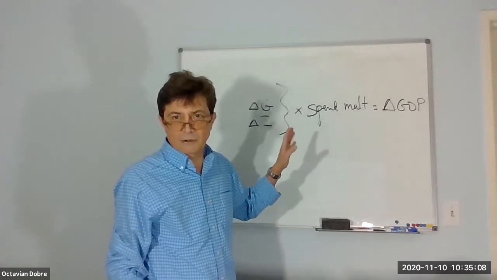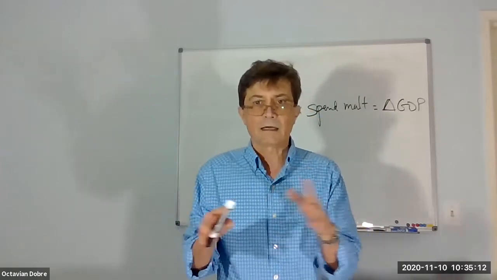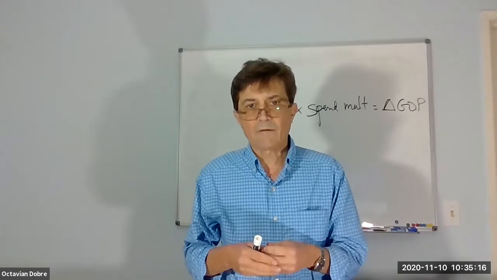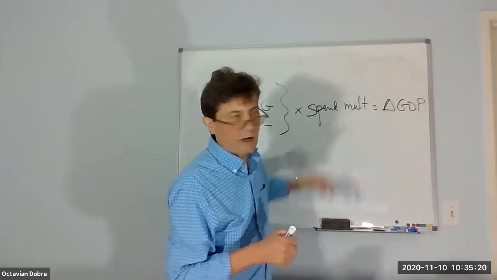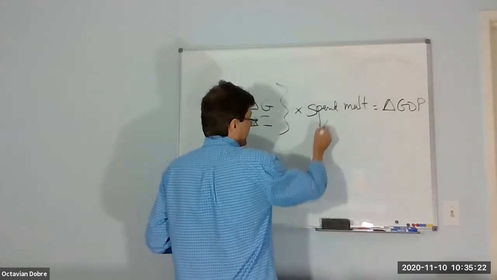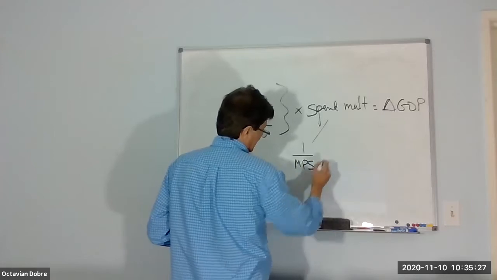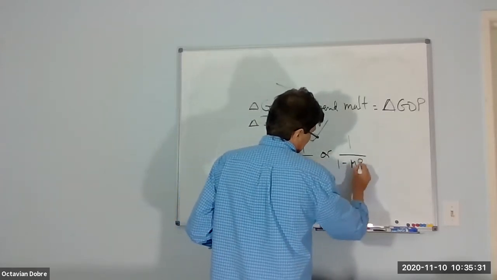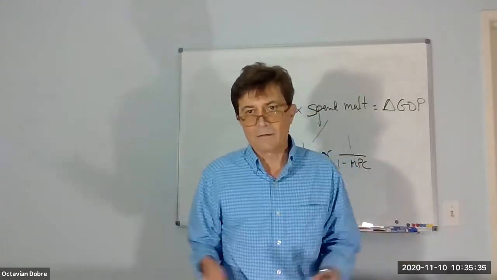In test number 2, you had a question where it said that the economy saves 20%. Well, what they gave you was the MPS. So you know with the multiplier, you can calculate it either 1 divided by MPS or 1 divided by 1 minus MPC, it's the same thing.